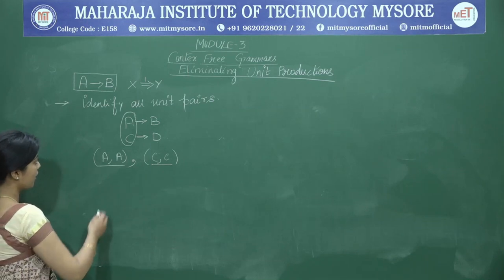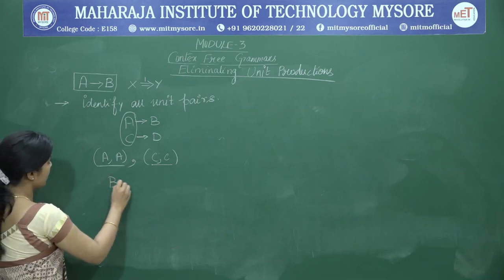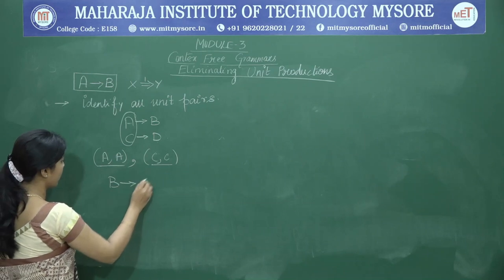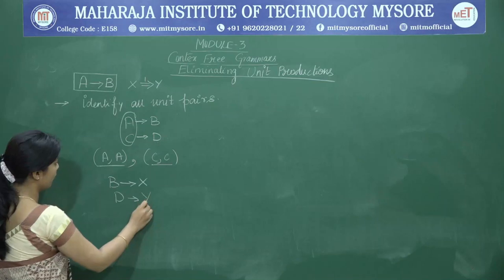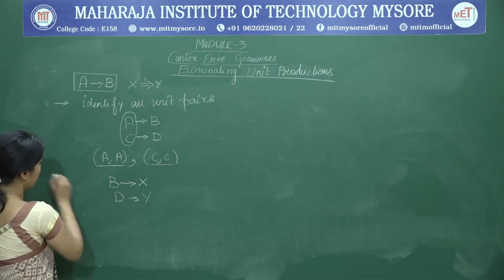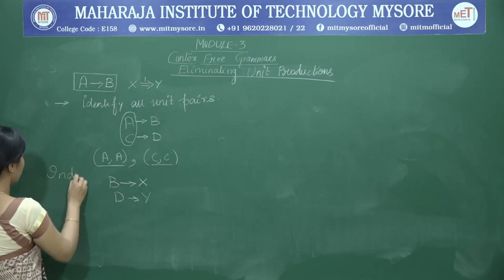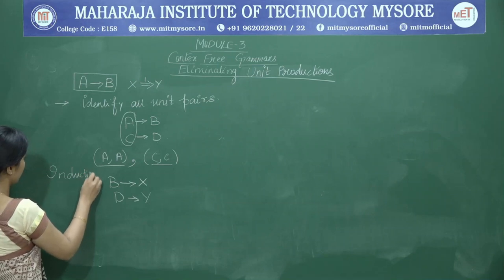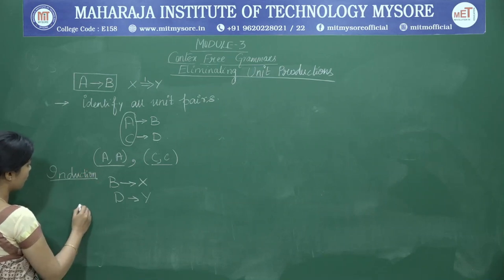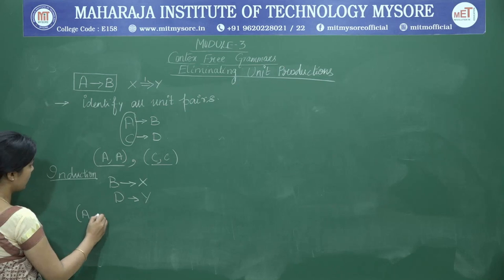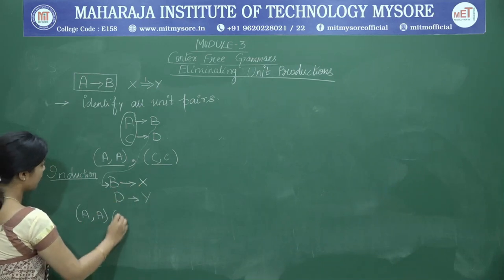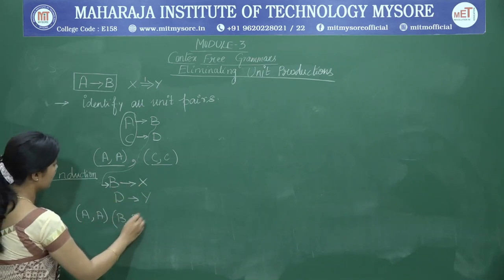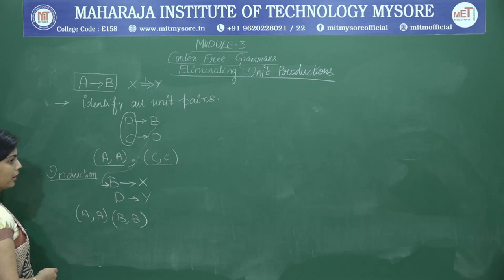Now suppose we have something as B goes to X and also D goes to Y. Then by the induction step of identifying the unit pairs, we are also going to write A comma A as the unit pair, and as a cycle B goes to X. Therefore, B comma B is also a unit pair.